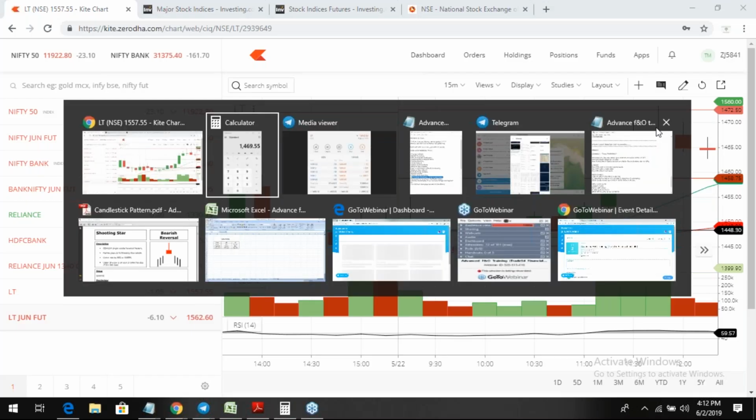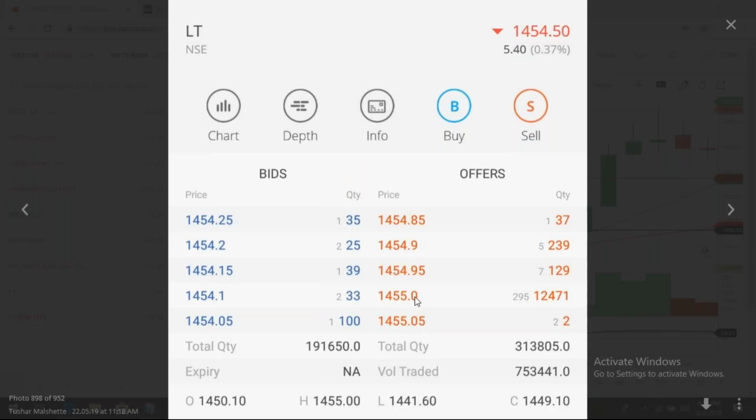Whenever you see a big quantity on the offer side, you have to buy after this price rate, not at this price rate. You have to wait for this price rate to break. Put a stop loss market, SLM order, because whenever this breaks, it will quickly go within 5 minutes.